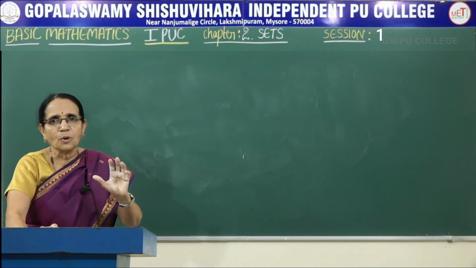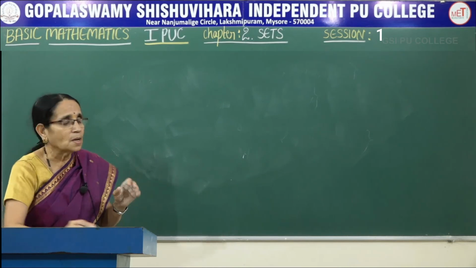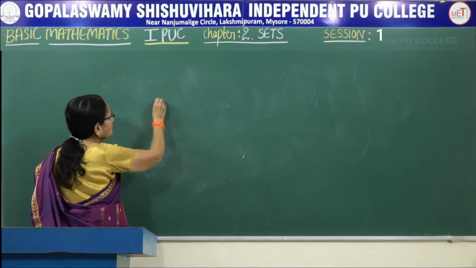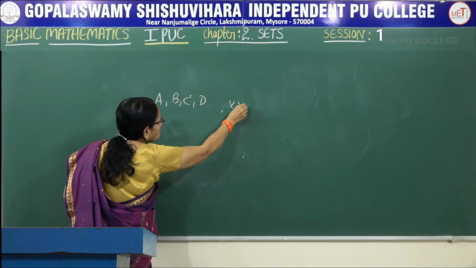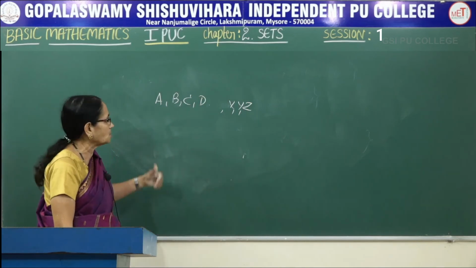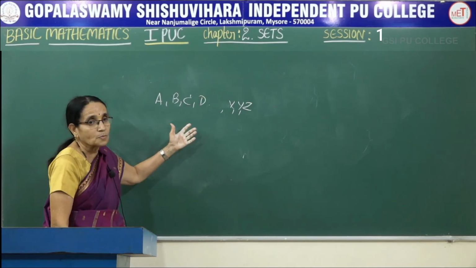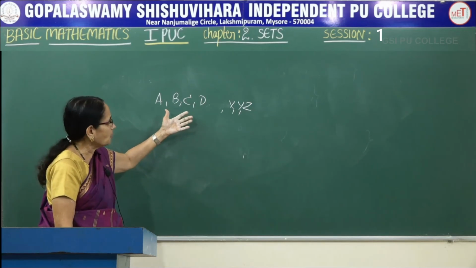So when you take the alphabets of a particular language, can we call it a set? Certainly. Let me take English: A, B, C, D, etc., X, Y, Z. There are 26 alphabets in the English language. Similarly in Kannada, we have 52 objects. So each language has a different number of alphabets.